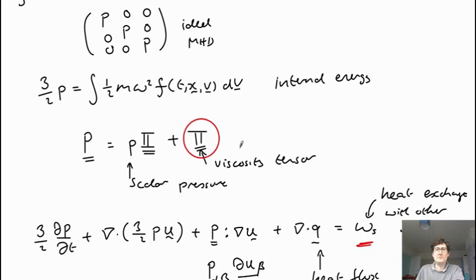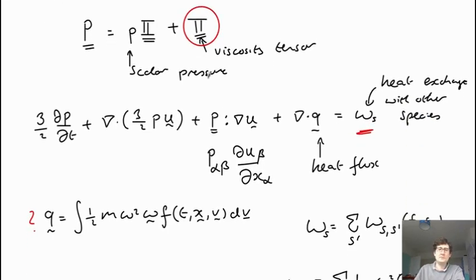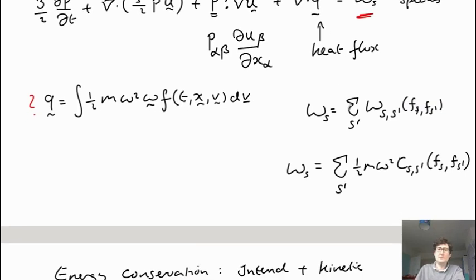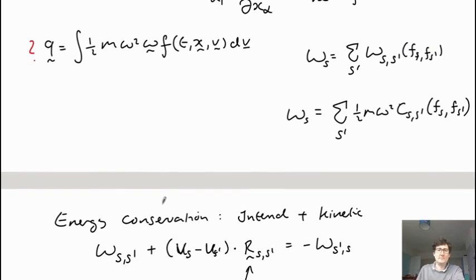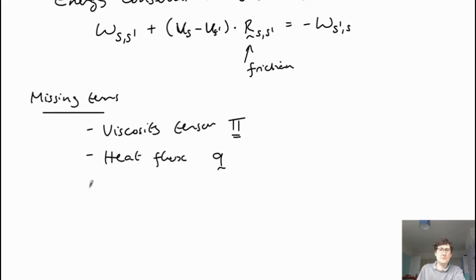So there are at least these terms to be calculated: the viscosity tensor, the heat flux, and these collision operator terms. So we have the higher order moments, the viscous tensor and the heat flux, and we have the collision operator terms, R for the friction and W for the heat flux or heat exchange.